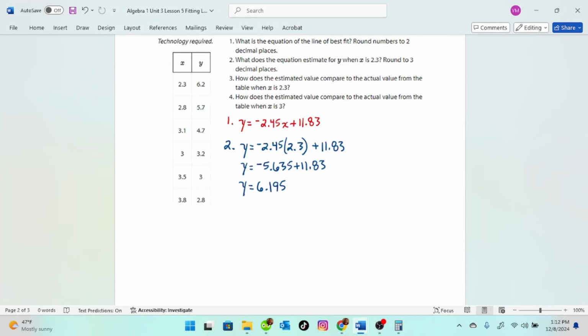So when x is 2.3, our line of best fit estimates the y value to be 6.195.